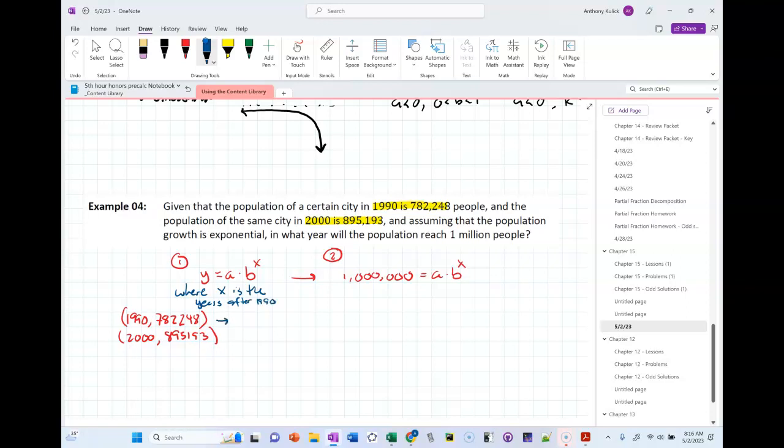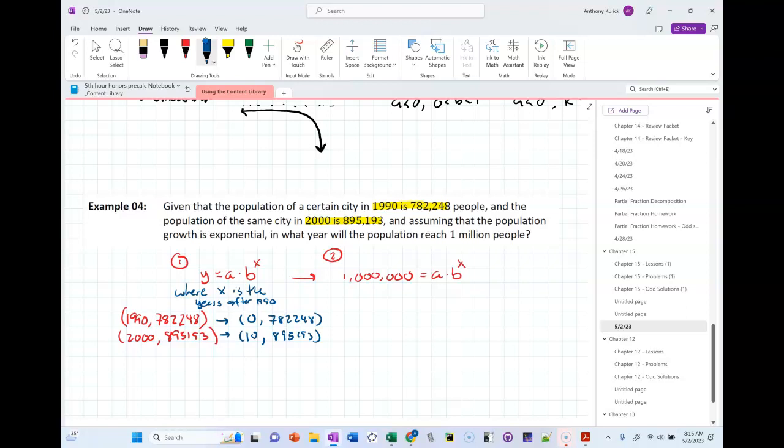By doing that, this first point turns into 0, 782,248. And the second point would turn into 10, 895,193.